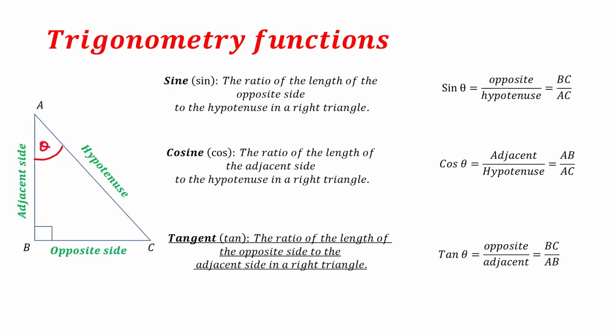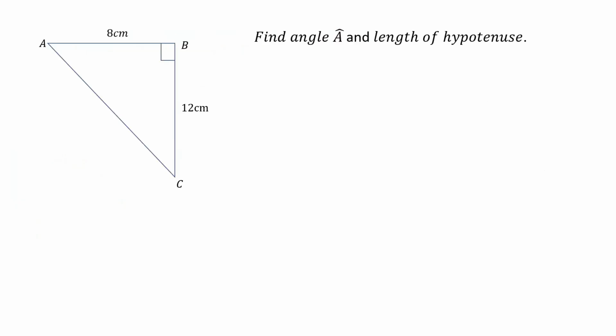Now a right angle triangle is given, and two sides are given: one is 8 centimeter, the other is 12 centimeter. The question is we need to find the angle A and the hypotenuse.